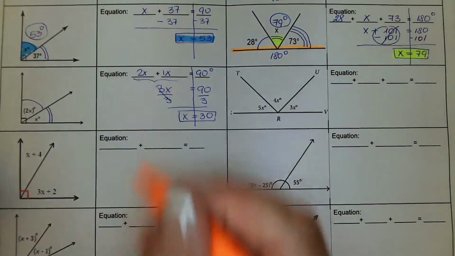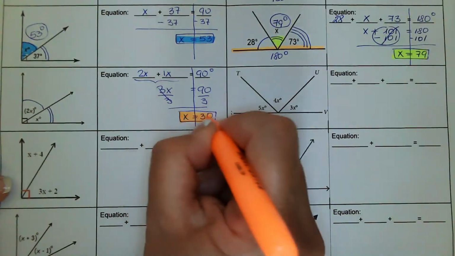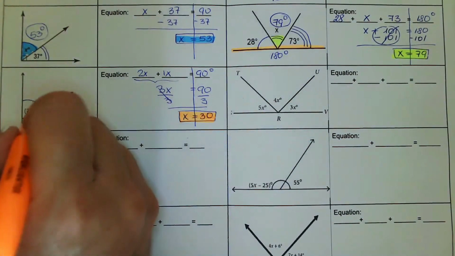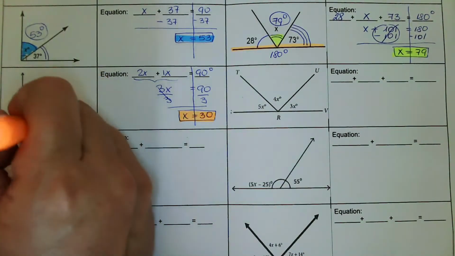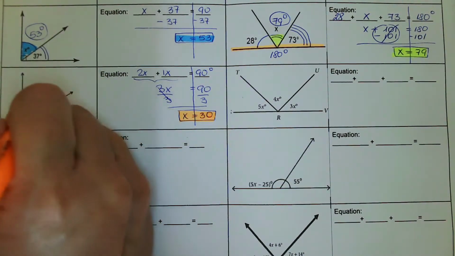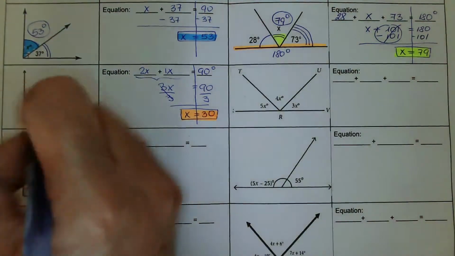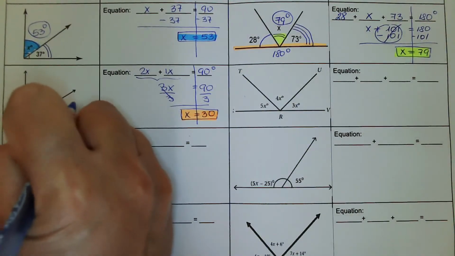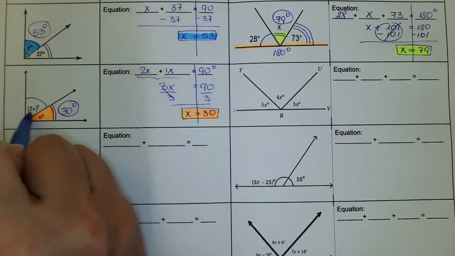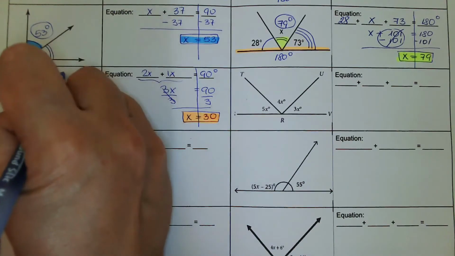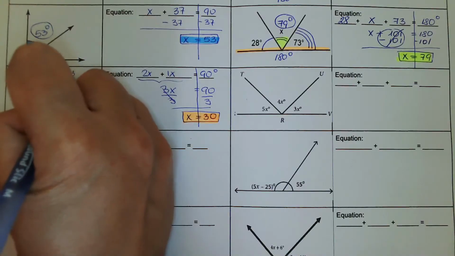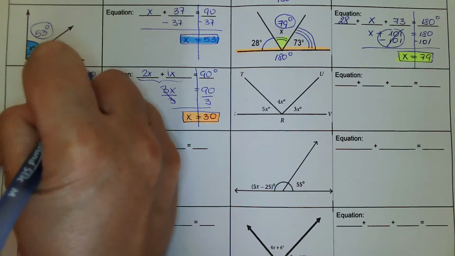So first what we do is substitute x in each angle. Here we have the x itself, which is 30. This expression is 2x. So 2 times 30 is 60.